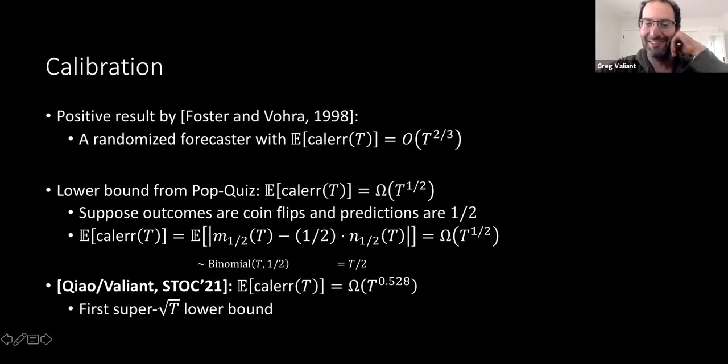And even after our results, there's still a very significant gap between a very simple randomized predictor and even the new best lower bounds. So I'll tell you a little bit about some of the ideas that go into our lower bound, even though the actual improvement in the exponent isn't remarkable by any sense.